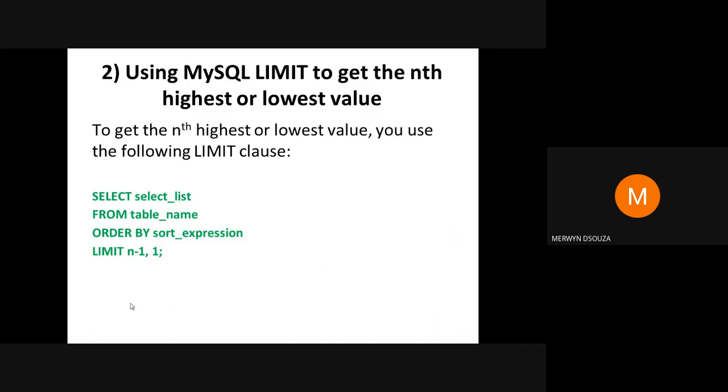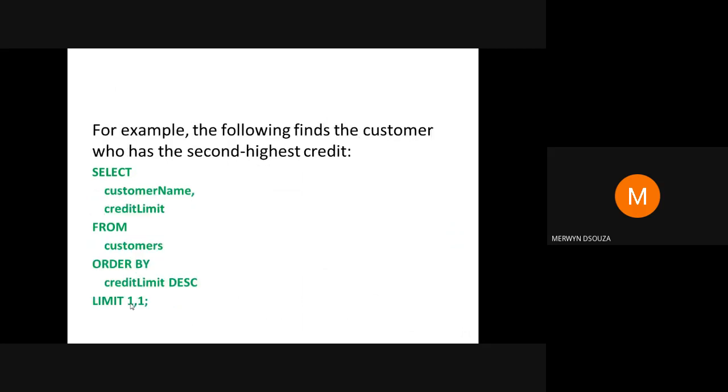We could also use the MySQL limit clause to get the nth highest or lowest value. To do that, you can use the following syntax: select select list from table name, order by some sort expression, limit n minus 1 comma 1. For example, we could write the following query using the limit clause to find the customer who has the second highest credit.